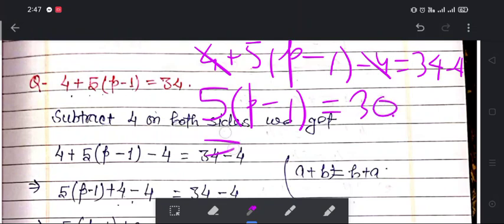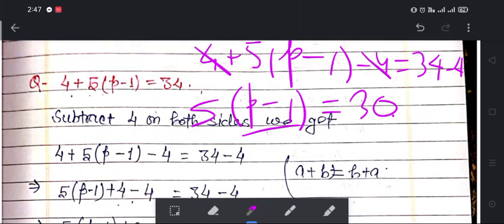So this implies, here we can see that 5 is multiplied with the term having p. So in order to remove this 5, we have to divide both sides by 5, because 5 is multiplied, therefore we have to divide. So let's see this.